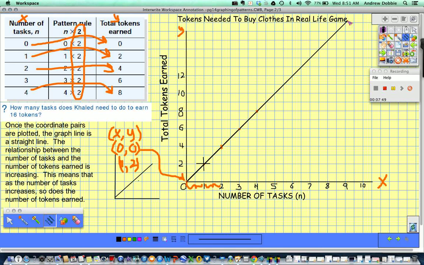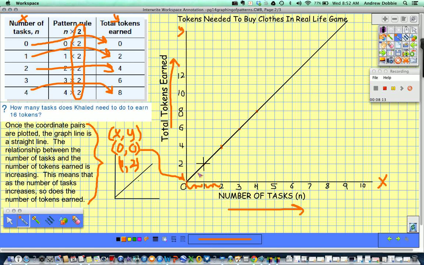So now to answer the question, first we have to describe the graph itself. So I've put a little description down here, and essentially it says that when we look at the relationship between the number of tasks completed and the total number of tokens earned, our graph line shows that relationship.